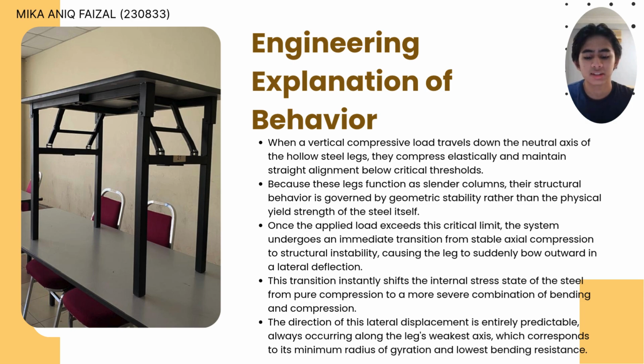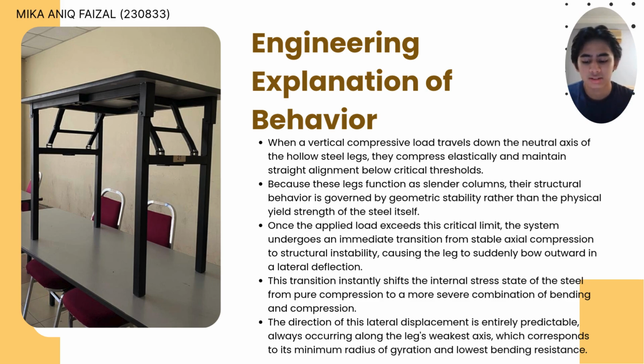However, since these legs act as a slender column, their structural behavior is determined by geometric stability rather than the yielding strength of the steel itself. So once the load exceeds the critical limit, the legs buckle. The system shifts from a stable axial compression to structural instability. This is demonstrated when the leg bows outwards perpendicular to its longitudinal axis, signifying a sudden lateral deflection.